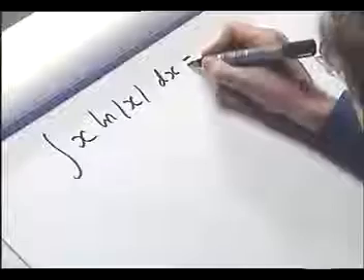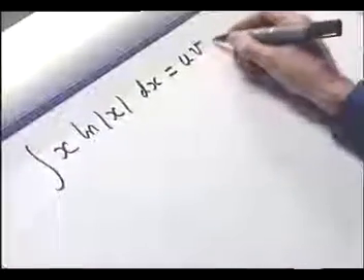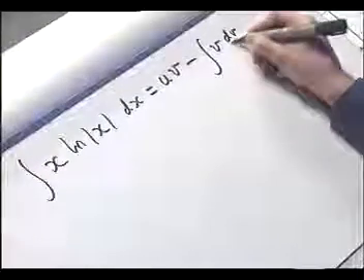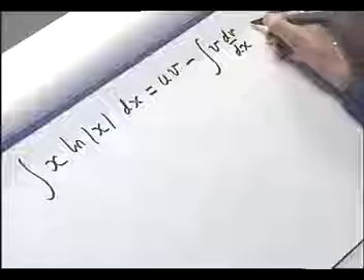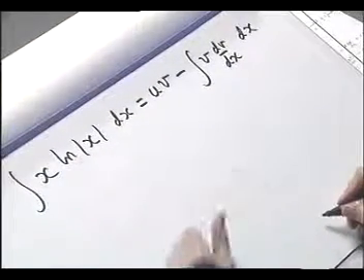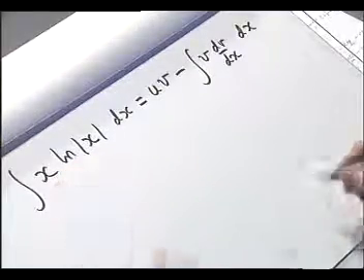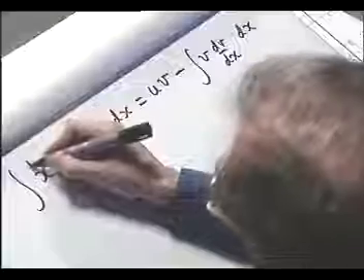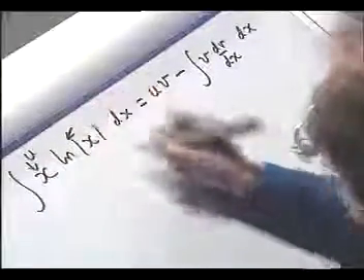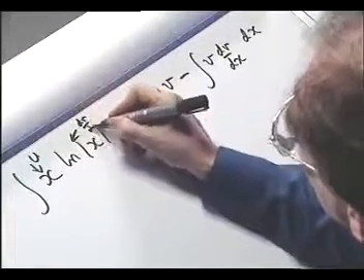Let's write down the formula that we've got for integration by parts and think it through. Our natural instinct would be to choose x to be u.